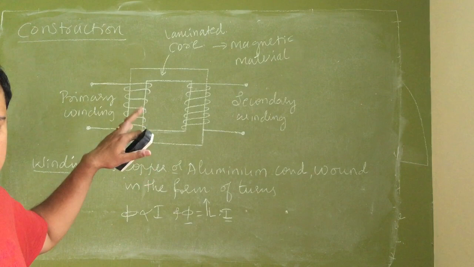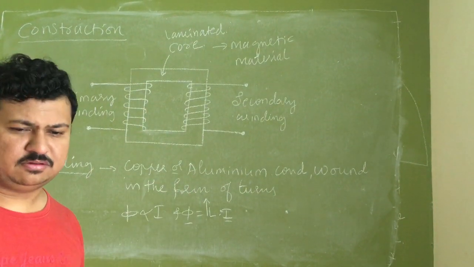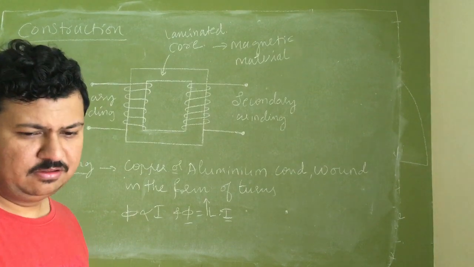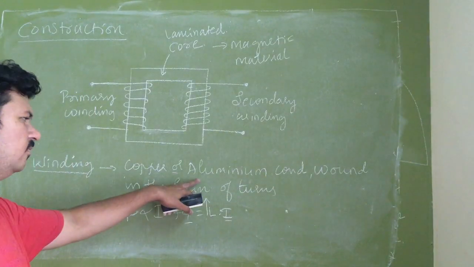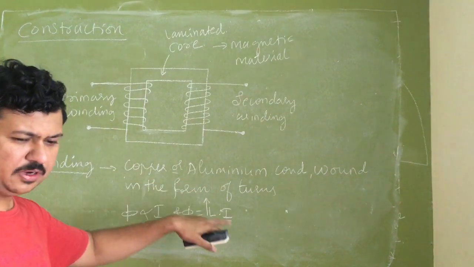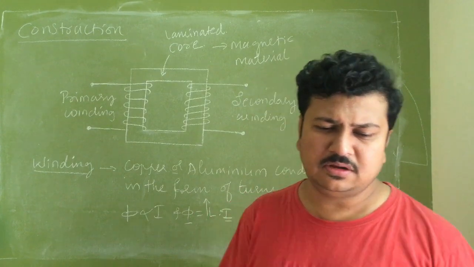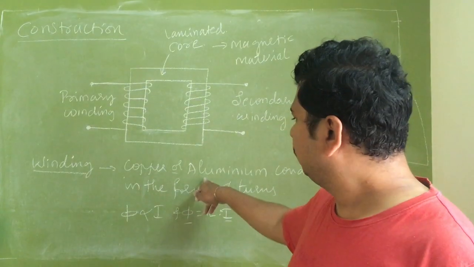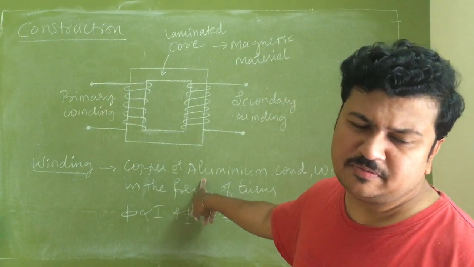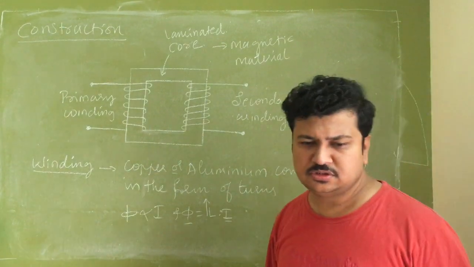So for very large transformers, if I use aluminum, the size of the winding will be much bigger than that of copper winding. Therefore we don't use aluminum for very large machines. But aluminum has an advantage of better cooling because its density is very less. It is a lighter material. The cooling of aluminum conductor will be very fast, so that the temperature rise in the machine is cooled down soon.